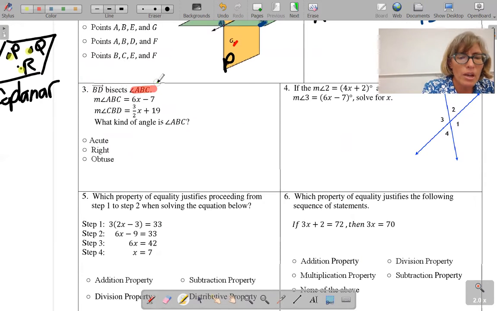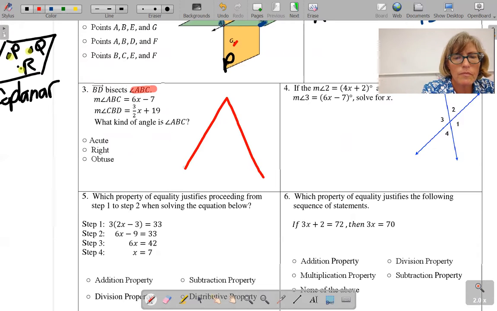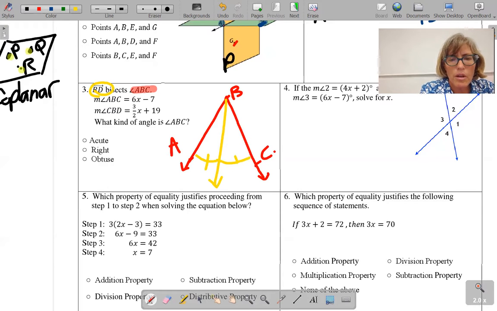We have an angle ABC, and it's being bisected, which means cut in half, by BD. And whenever something's bisected, you sweep, hatch, sweep, hatch.